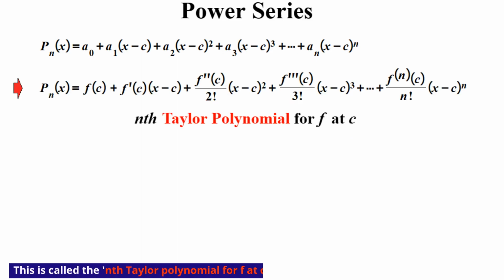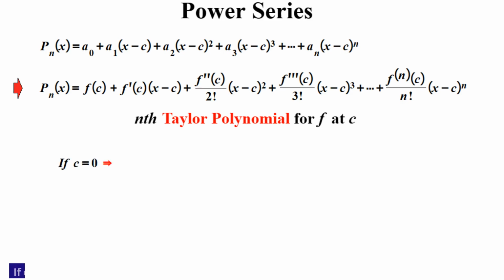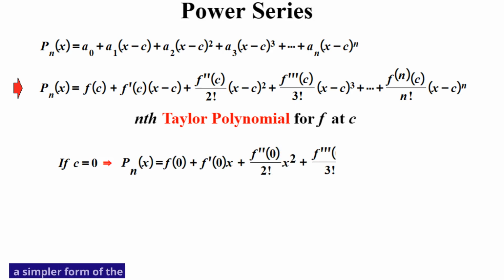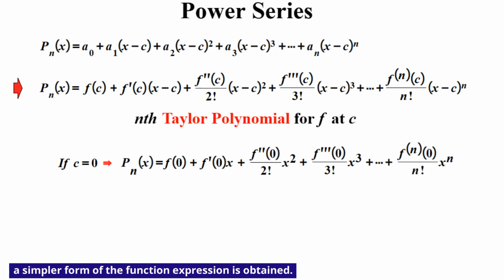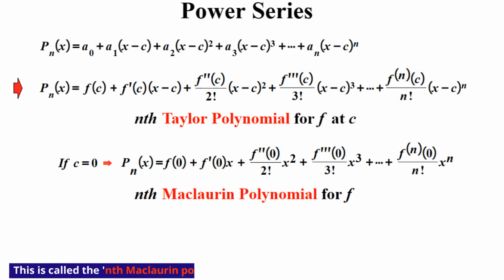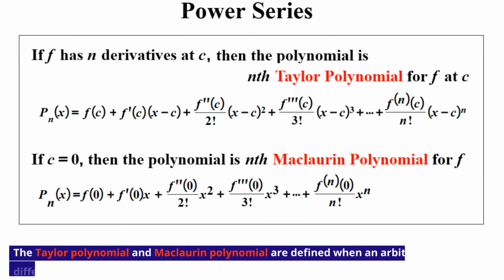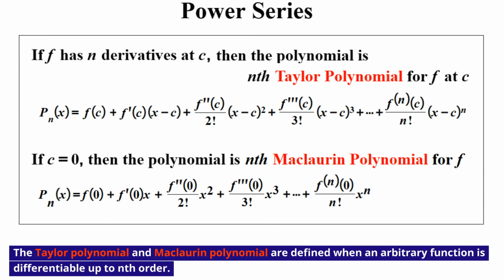This is called the nth Taylor polynomial for f at c. If c is 0, a simpler form of the function expression is obtained. This is called the nth Maclaurin polynomial for f. The Taylor polynomial and Maclaurin polynomial are defined when an arbitrary function is differentiable up to nth order.